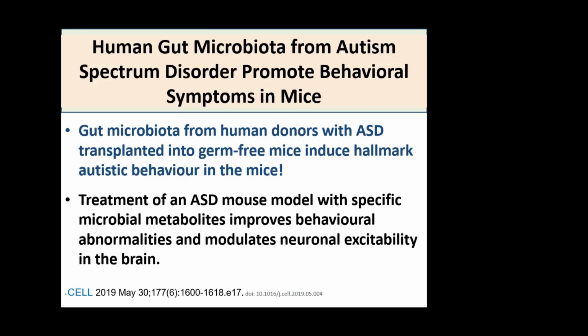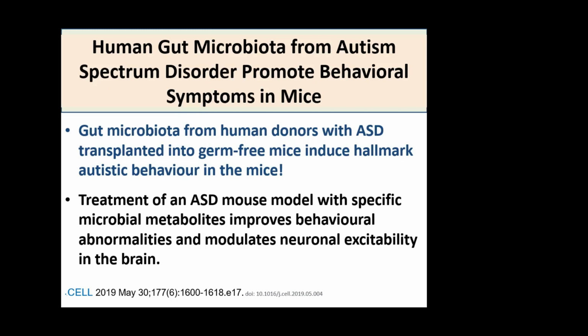Some of the healthy microbes produce good metabolites that are known to improve ASD. So they used these metabolites to treat the mice that had developed autistic behavior through the transfer of the microbiota, and they found that the behavior of these mice improved.